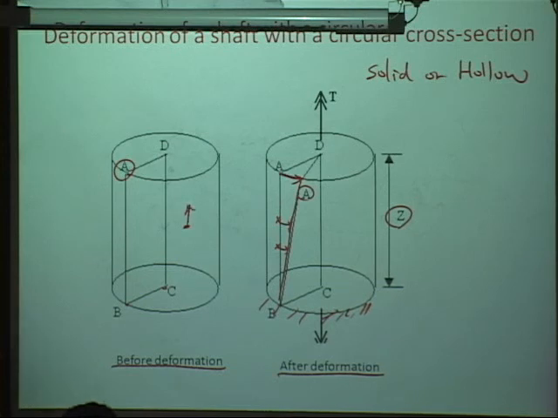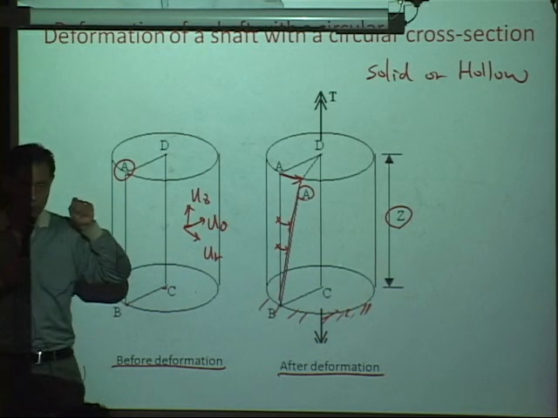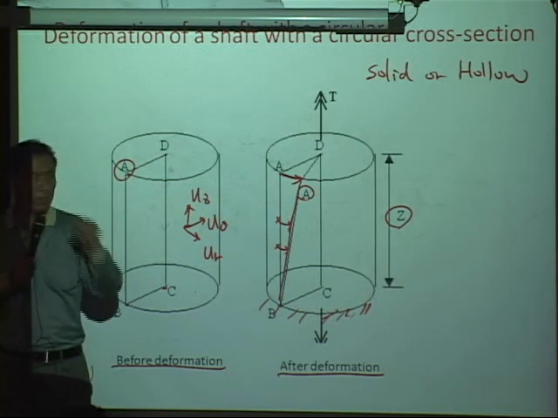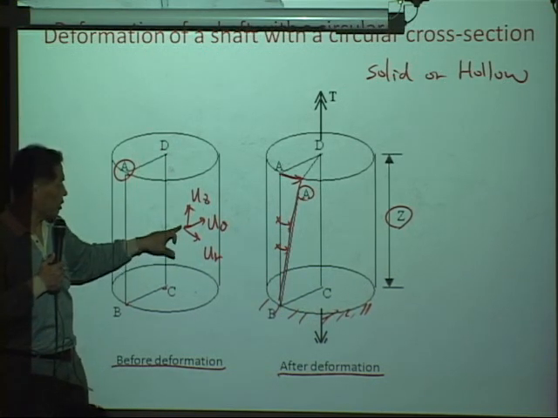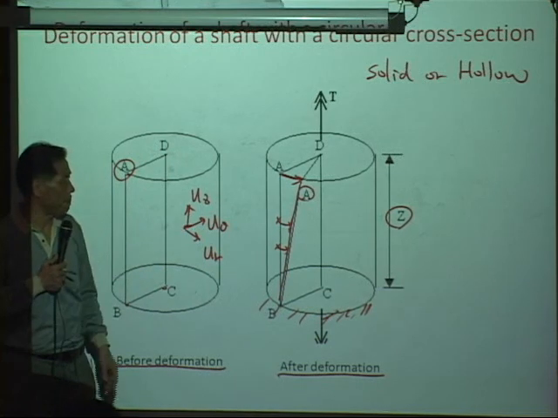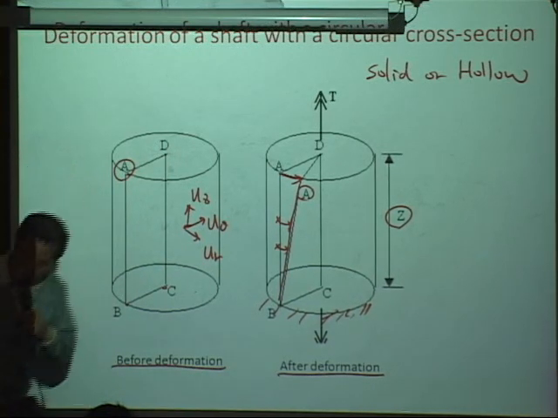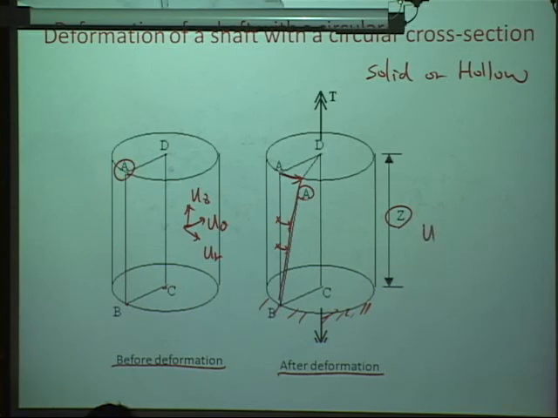This is the Z, this is the theta, and this is the R. Three displacement fields. In Cartesian, any point can have X, Y, Z; in polar coordinates, R, theta, Z. And what we observed here is that U theta is proportional to R and Z. That's what we observed from this displacement.